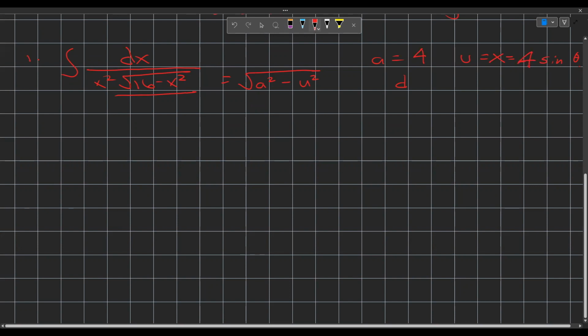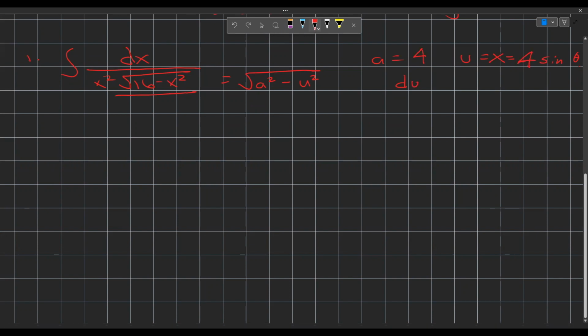And we need to find the derivative, so du, or dx, is equal to 4 cosine theta. Now, the square root of a squared minus u squared is equal to a cosine theta, or 4 cosine theta. Actually, for du, don't forget that this has d theta beside it, since we derived the value with respect to the angle.